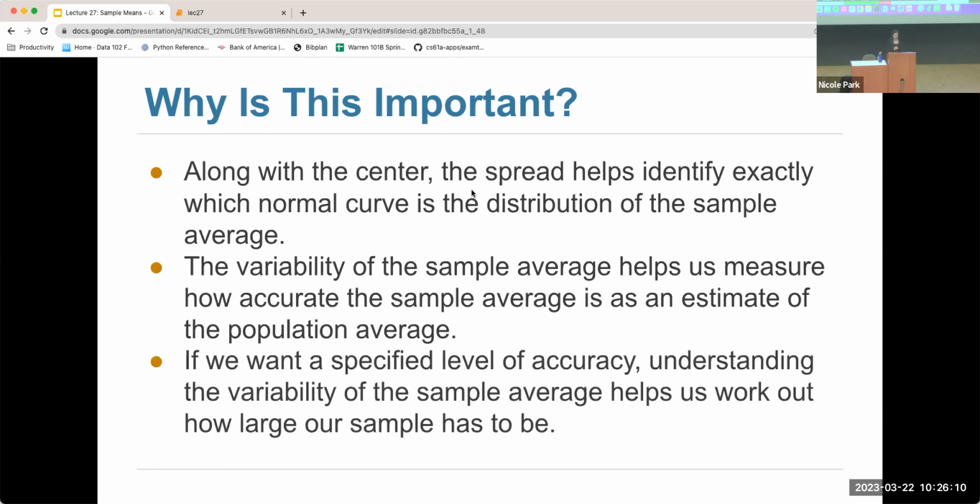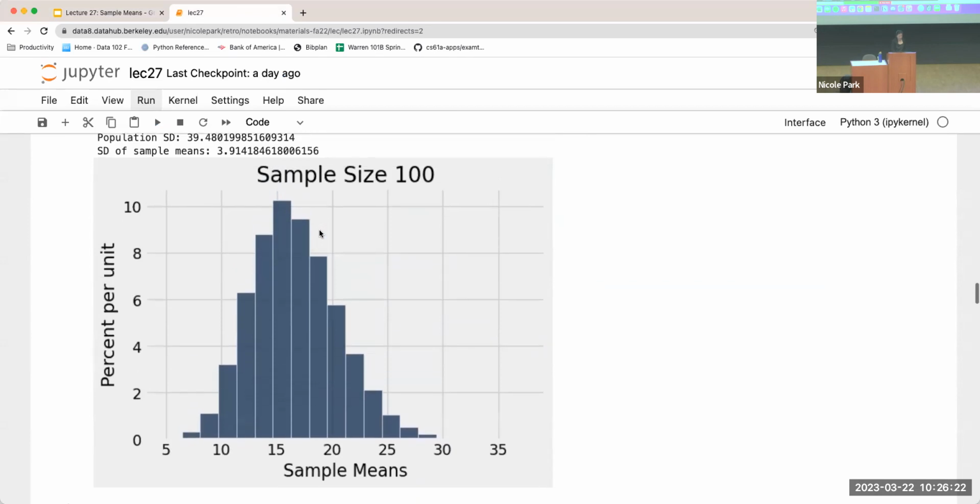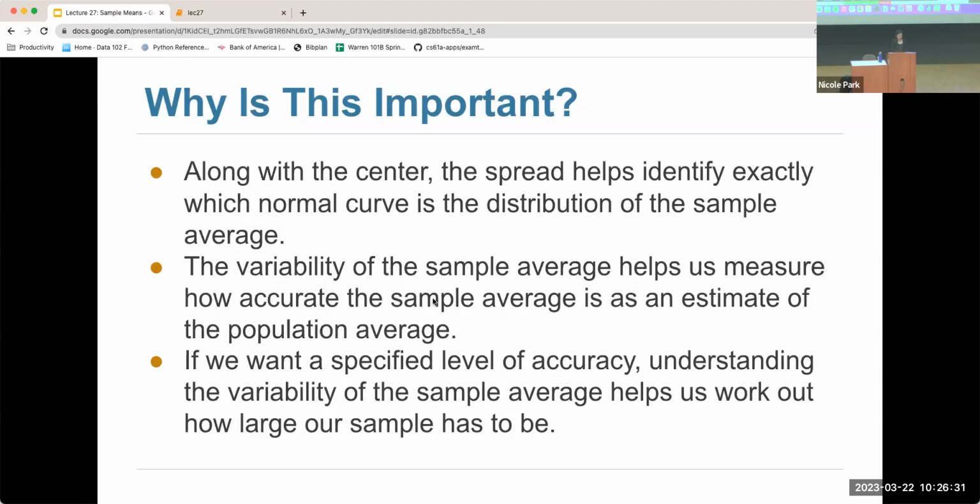If we want a specified level of accuracy, understanding the distribution and the variability of the sample average helps us work out how large our sample has to be. So going back to this demo, if I only did a sample size of 100, that wasn't a very good sample because it doesn't look super normal. It's not centered at the population mean. So doing this kind of distribution work allows us to find the sample size that I actually need in order to get the accuracy that I need.